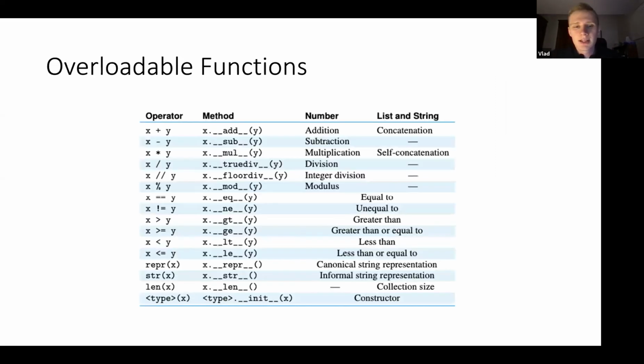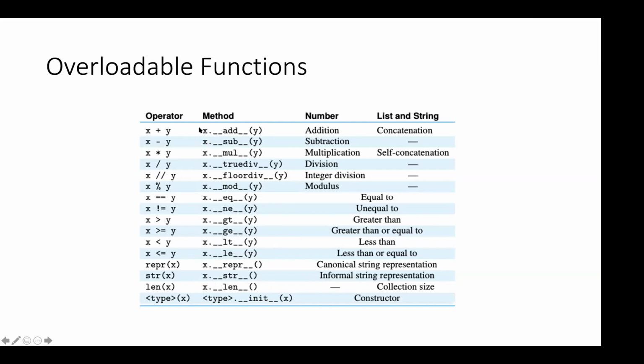Here's the list of overloadable functions. You have add, sub, multiply. You have your representations, your strings, and here we have length. Say we did a deck define add. That means we'd be able to add 2 decks, and then it would return whatever we set it as.